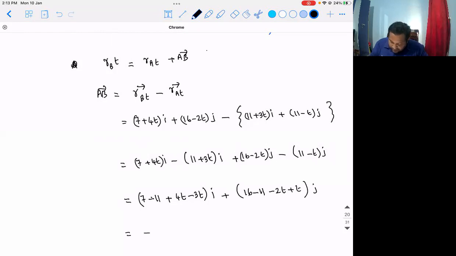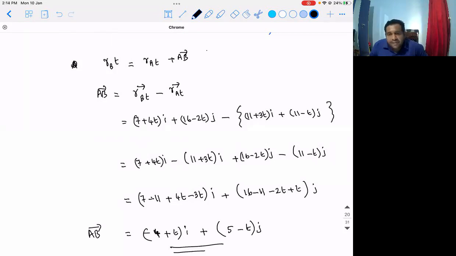So it becomes (-4 + t)i + (5 - t)j. So vector AB, we simplified it as (-4 + t)i + (5 - t)j.